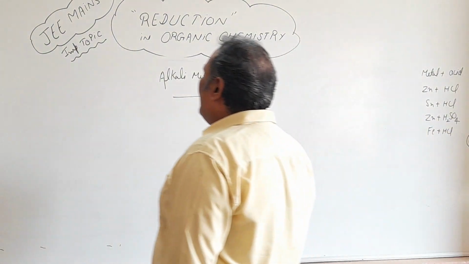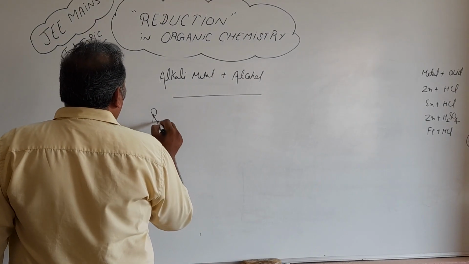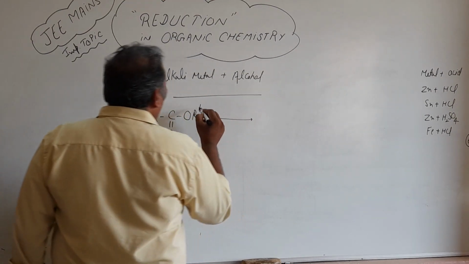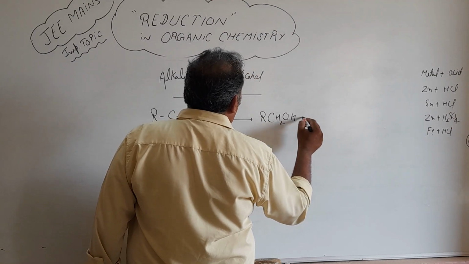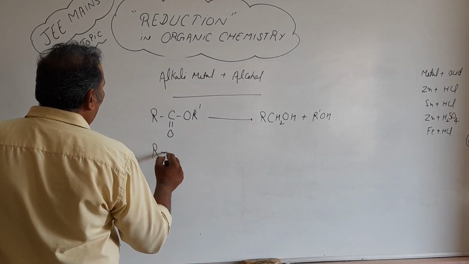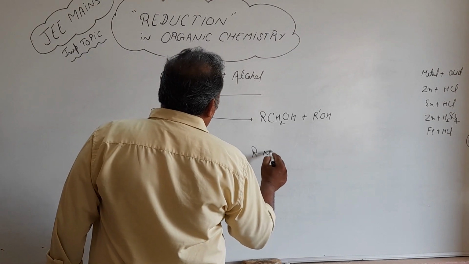So if we are talking about alkali metal plus alcohol, then they can reduce ester. Obviously, ester will be reduced into alcohol, RCH2OH plus R-OH. They can also reduce nitro compounds into RNH2.